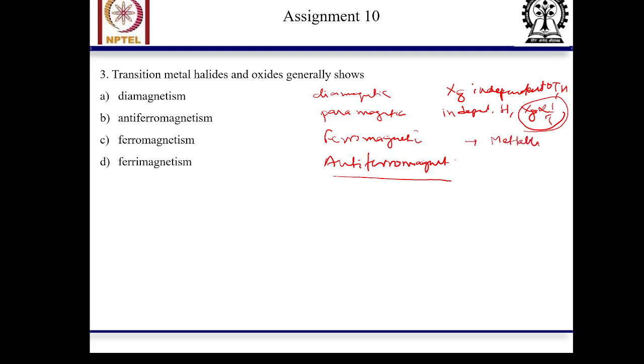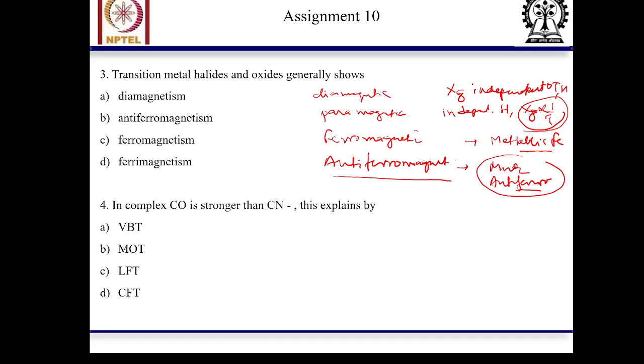These 3d metals belong to the ferromagnets, but their oxides and halides, suppose we take MnO2, are antiferromagnetic, because in the presence of a magnetic field, their domains will be aligned opposite to each other, and they will cancel their magnetic moments. So generally the transition metal halides and their oxides will be antiferromagnetic in nature.